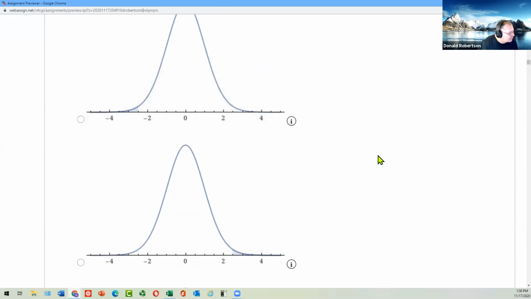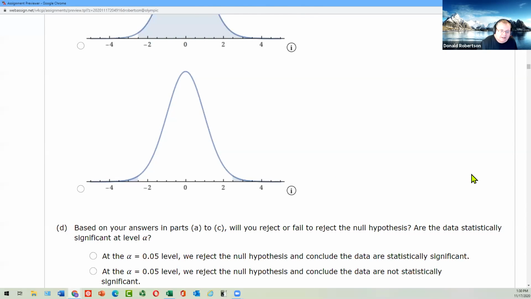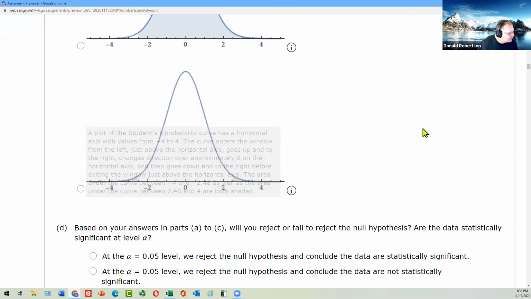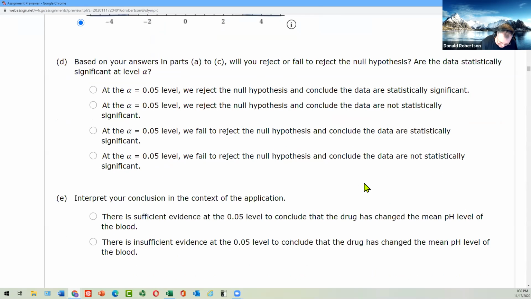Now, here's a little picture of what that looks like. If I brought back the thing, you would find out that the guy you're looking at is this one. Now, is a p-value of 0.0179 less than 0.05? And the answer is no, it's not. And when it's no or not, not insufficient evidence is your pick, and it's not that one.